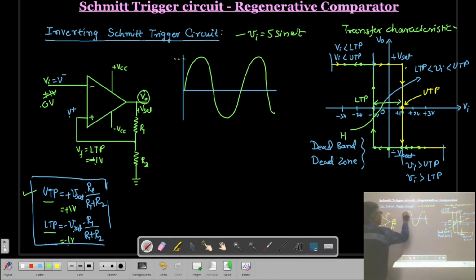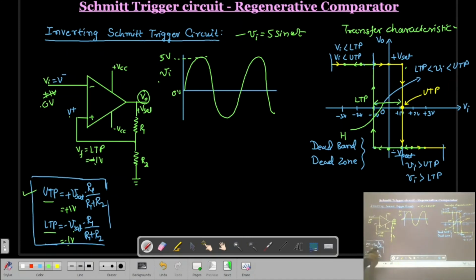So this amplitude is 5 volts. This is my input voltage. Remember, whatever waveform is here, it is for the input voltage. This is 0.